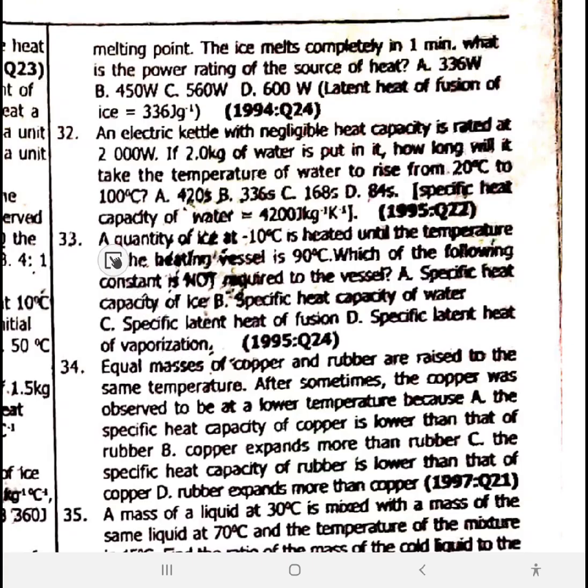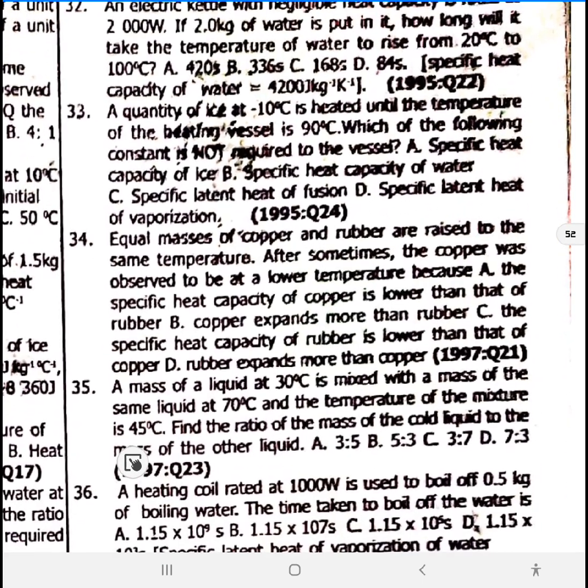Because if you heat ice, it melts to water, and that involves specific latent heat of fusion. But when you heat water to 90 degrees, it doesn't change to vapor, which would involve specific latent heat of vaporization. So option D is not involved.